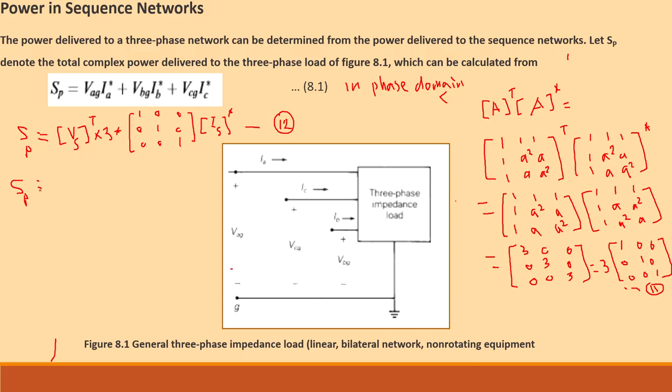S for the three phases is equal to V naught, V1, V2, transpose, multiplied by 3, multiplied by I0, I1, I2 conjugate.